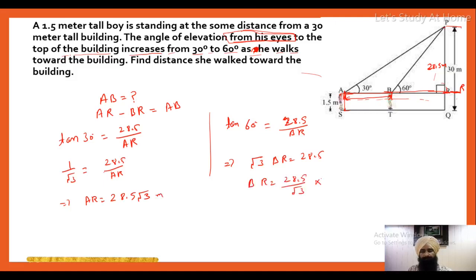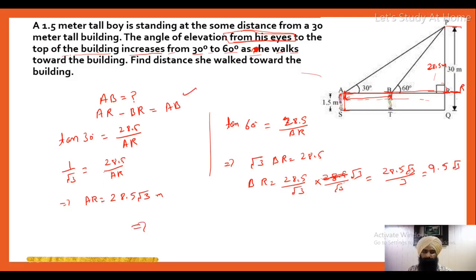We will rationalize this: multiply by under root 3 over under root 3, we get 28.5 under root 3 over 3. After cutting, we will get 9.5 into under root 3.